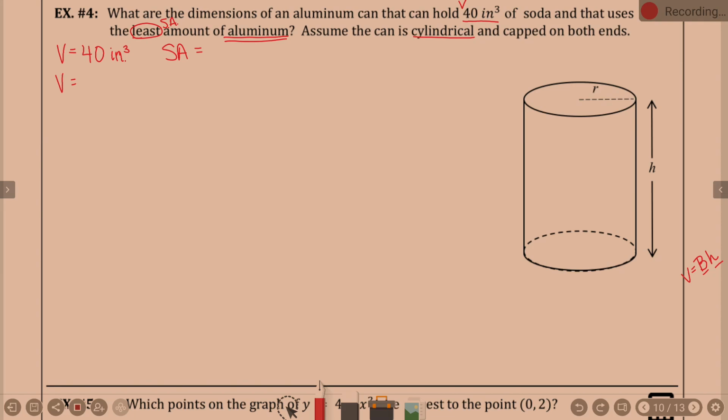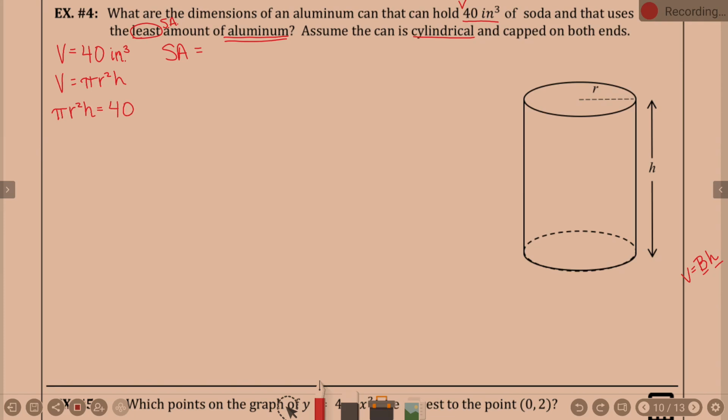Not 2 pi r squared. Area of a circle is pi r squared times the height. You're thinking circumference. So the volume formula is pi r squared h. What we're going to know here in a little bit is that pi r squared h equals 40.